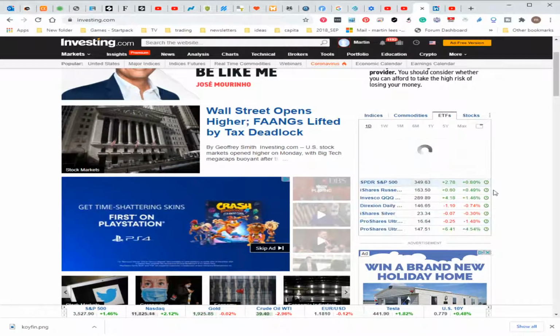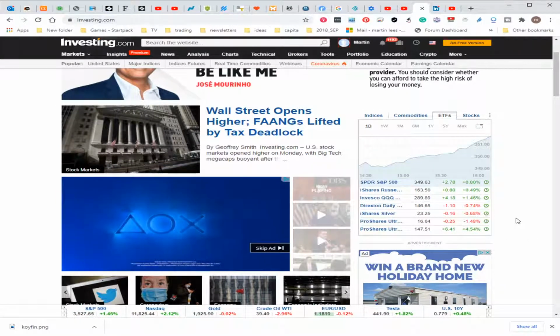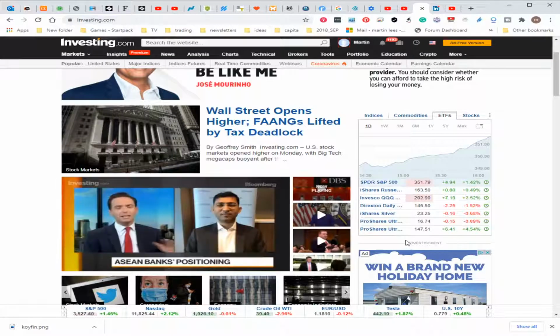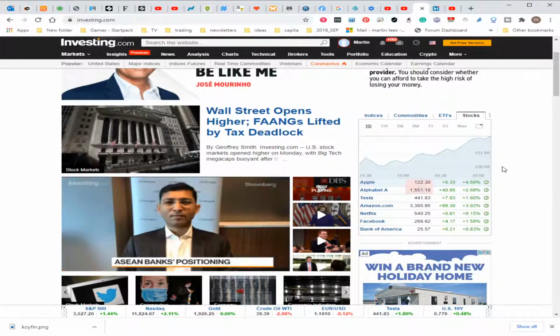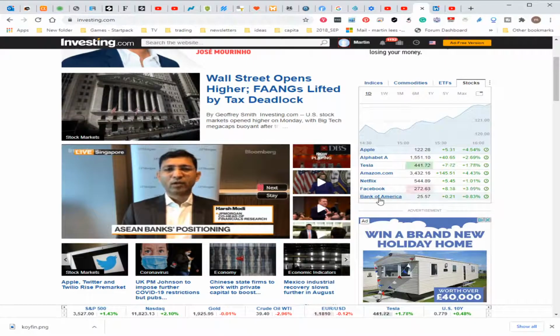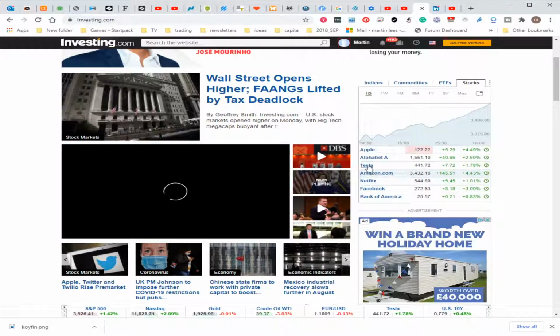You've also got a cross-section of ETFs, which is good to see at a glance. It has the usual suspects of companies that you normally trade at the high end: Bank of America, Facebook, Netflix, your Amazon, Tesla, Alphabet and Apple.